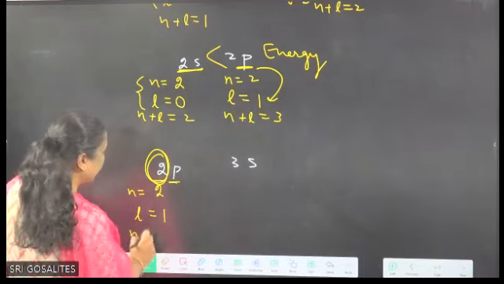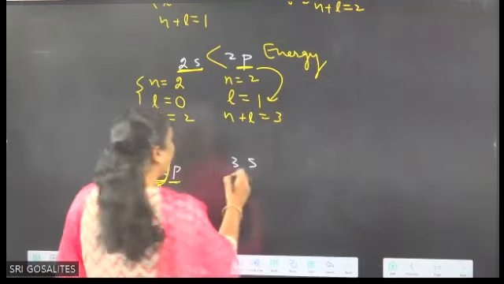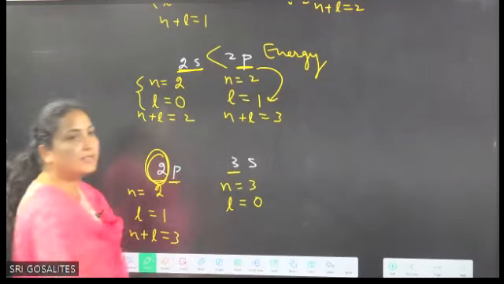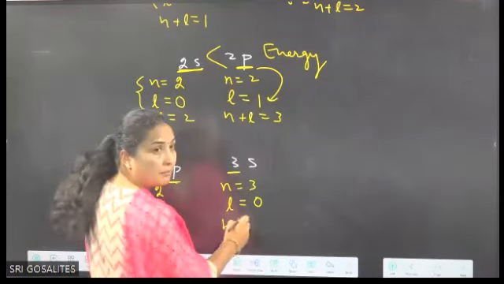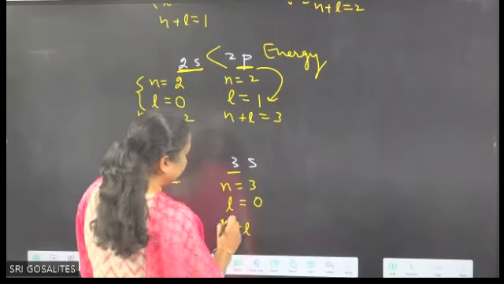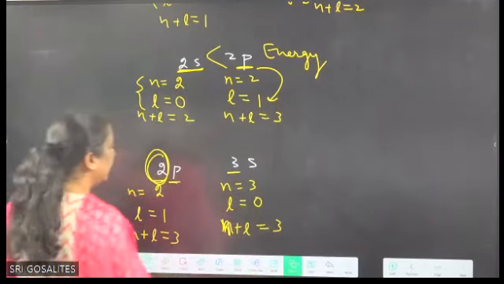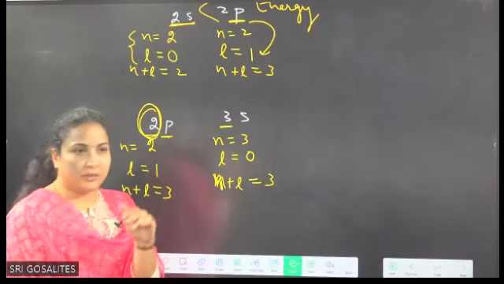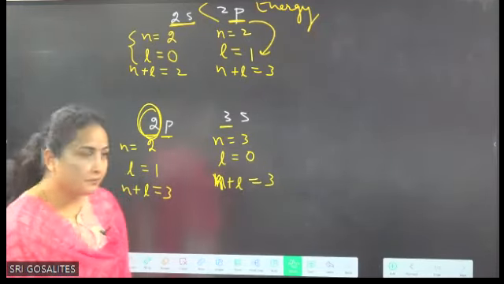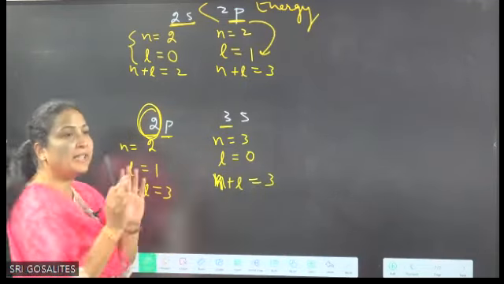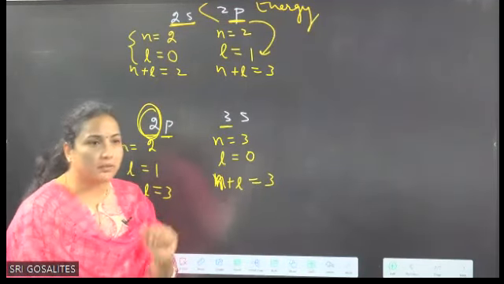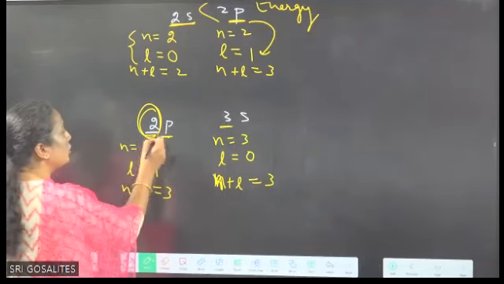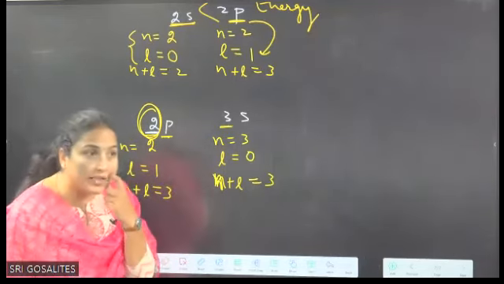So what is the N plus L value here? 3. What about this? N will be 3, L will be 0. For S it is 0. So N plus L here also is 3. Now that doesn't mean that if the value of N plus L is the same, the energy level is the same. We can't say that. So when N plus L becomes equal, the electron will enter into that orbital which has the lower energy level.